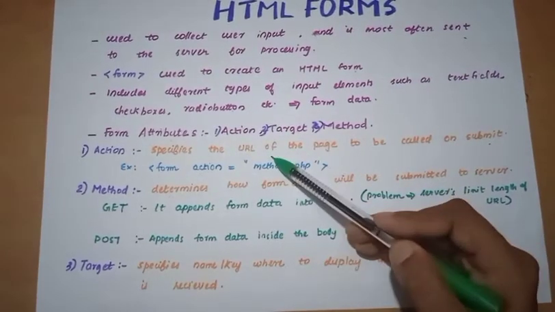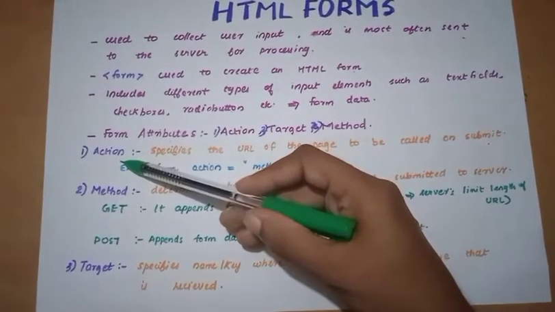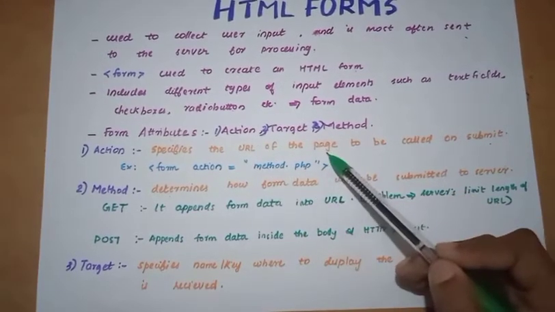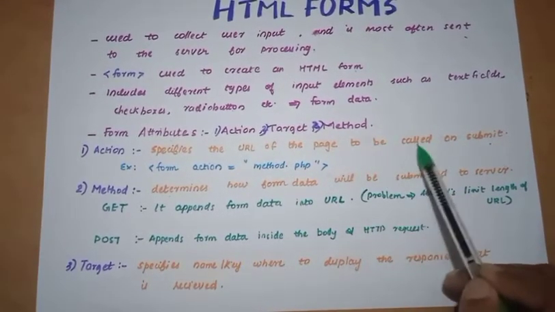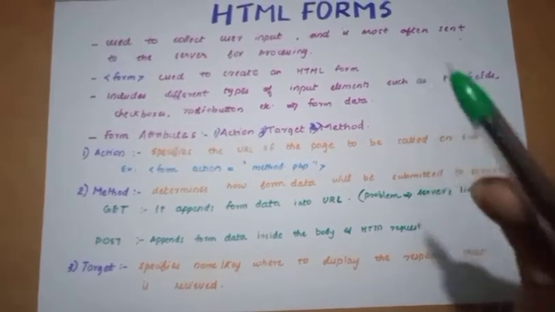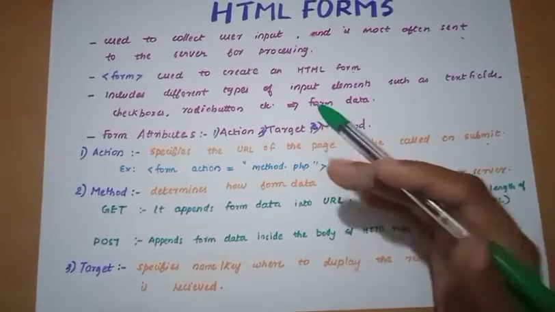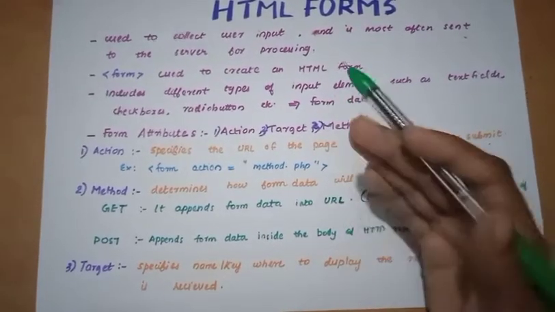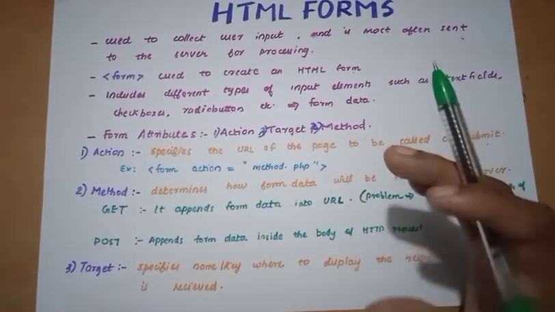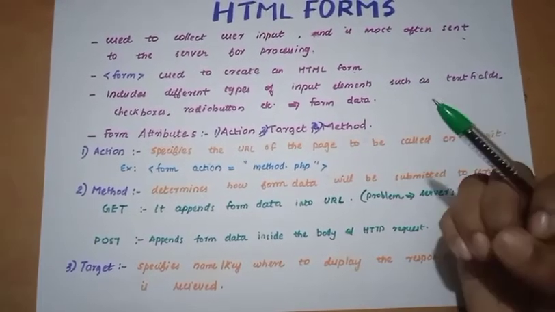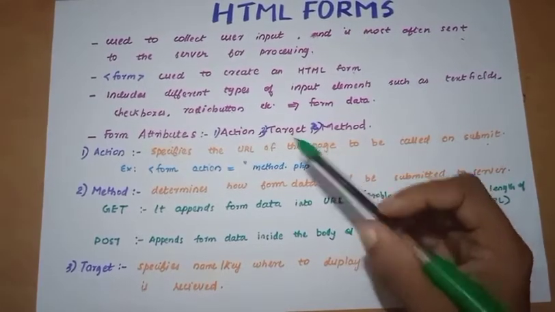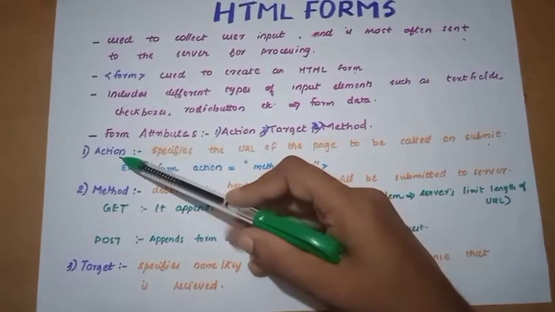That is specified in the action attribute, which specifies the URL of the page to be called on submit. That means the user has filled in everything about himself, and when he submits, this data should go somewhere. Which page it should go to is specified using this action.